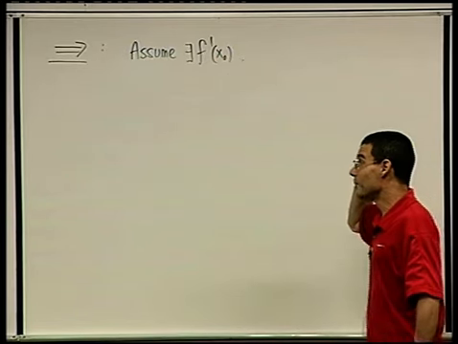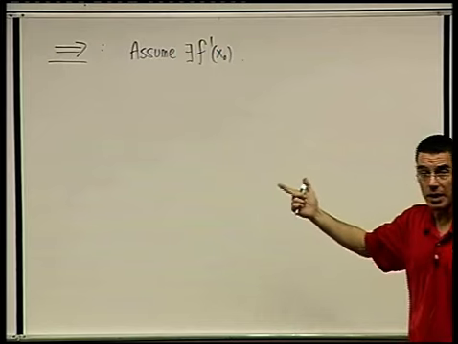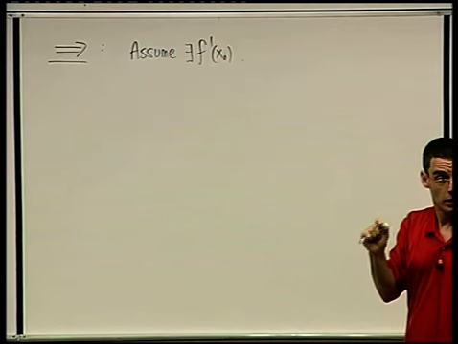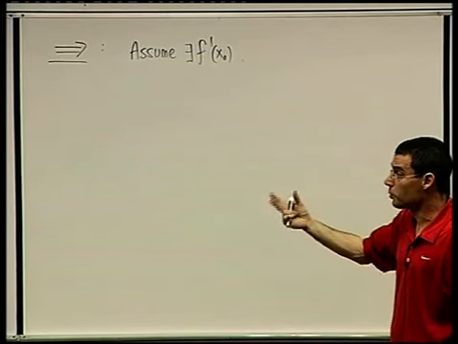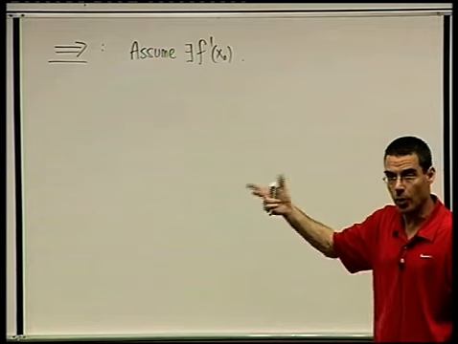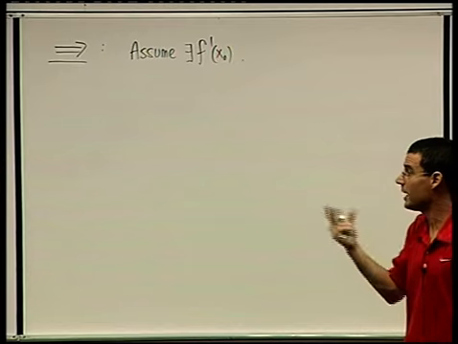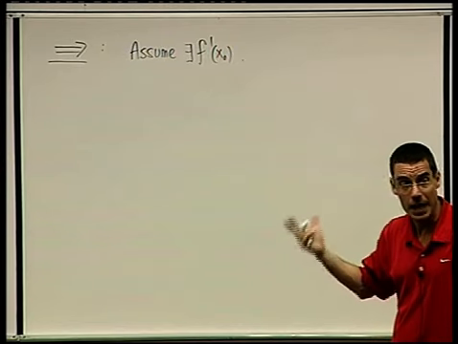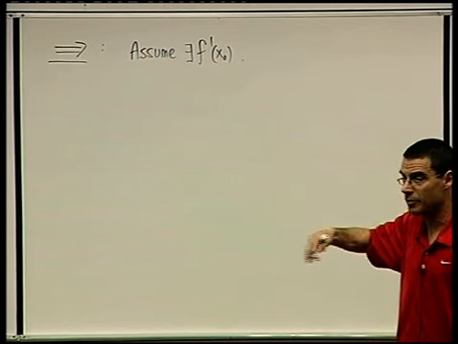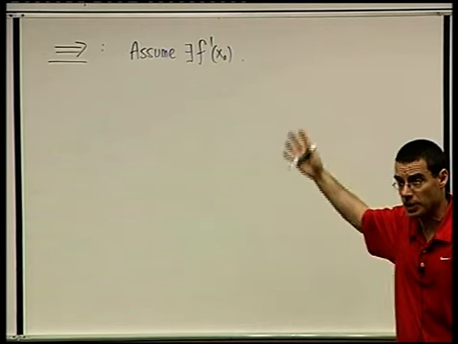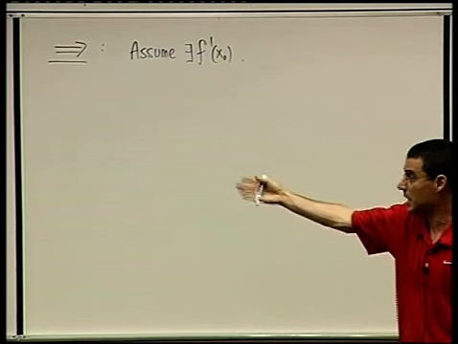Okay? Now, the proof of the previous direction gave us a clue. In order to prove that this property star holds, I have to build two ingredients. I have to find this scalar capital A that does something, and I have to find this alpha of h function that goes to 0, right?